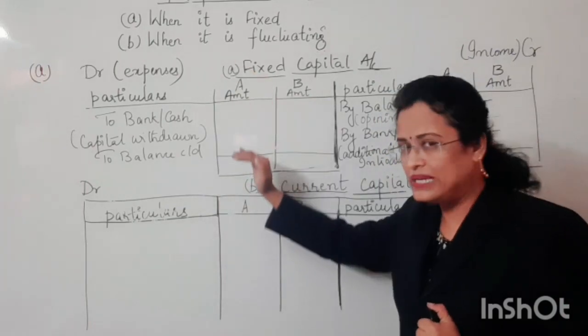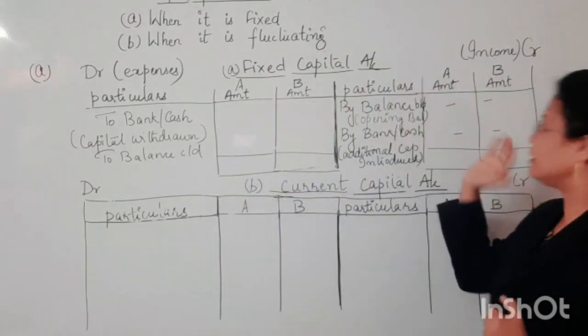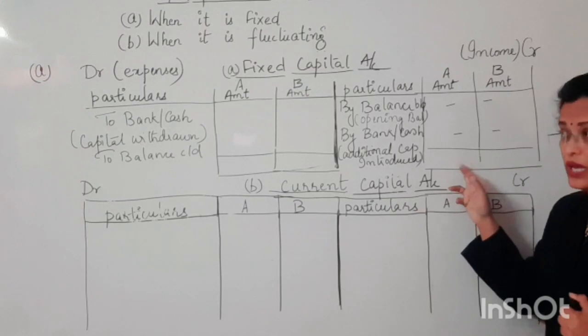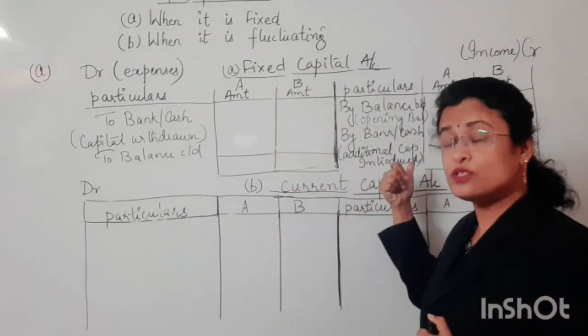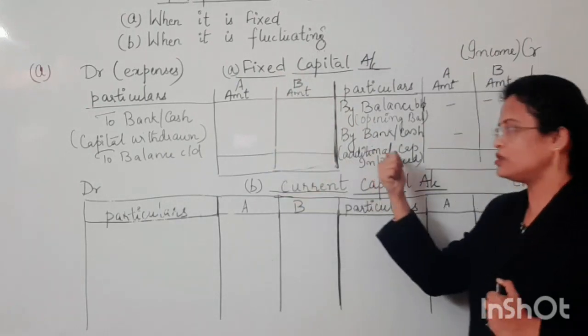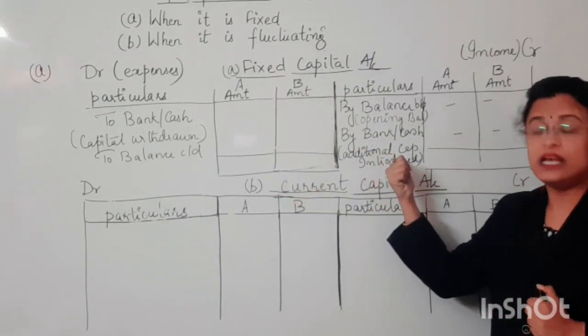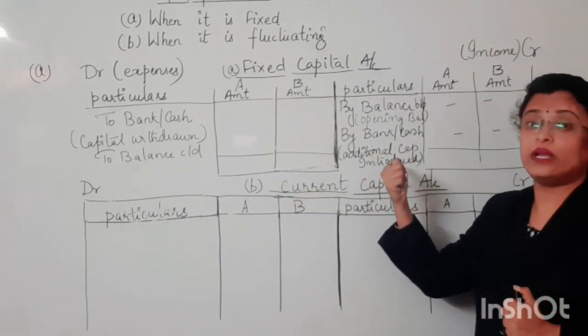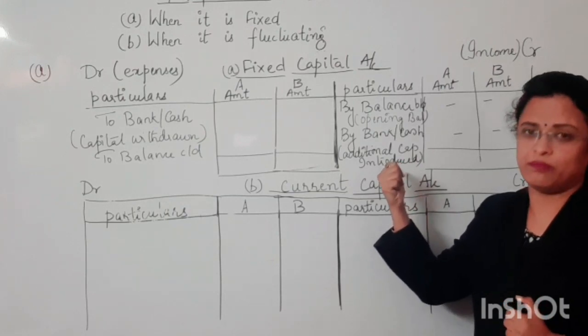Similarly, if your debit side exceeds the credit side, the balance will come to the credit side, and it will be called the debit balance.